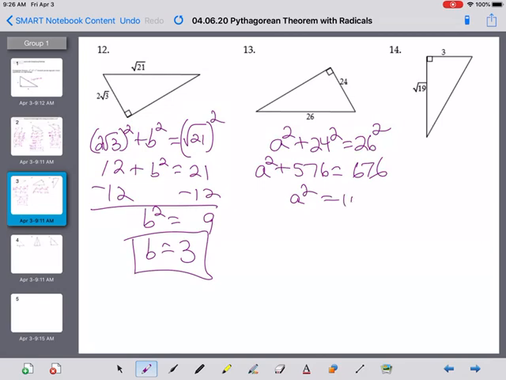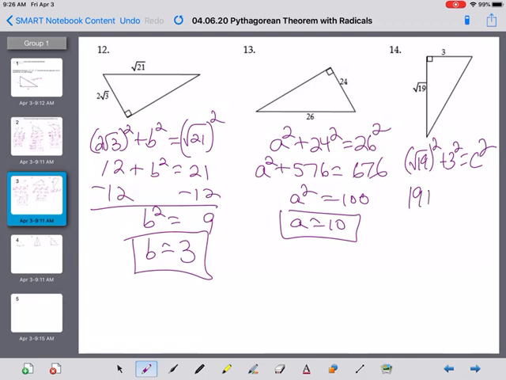Subtract 576 from both sides. a will be 10. And then number 14, square root of 19 squared plus 3 squared equals c squared. 19 plus 9 equals c squared. 28 equals c squared. Take the square root of both sides. Square root of 28.